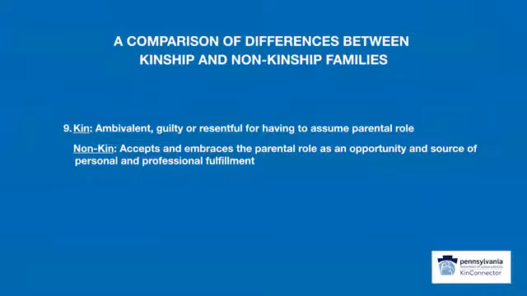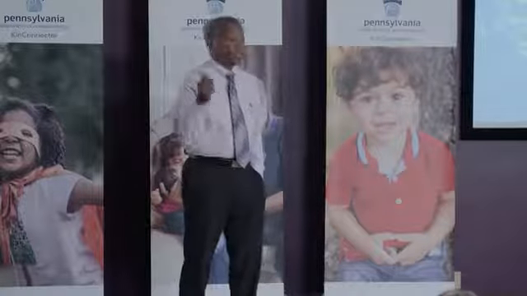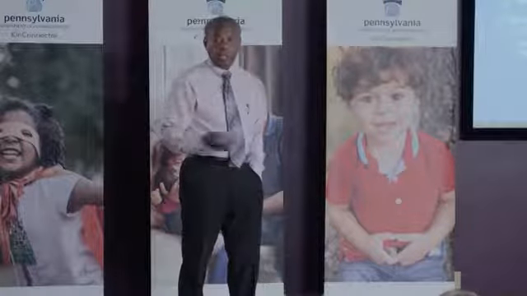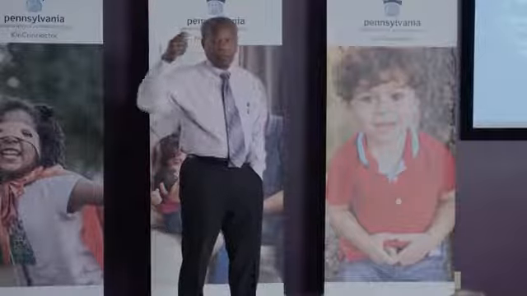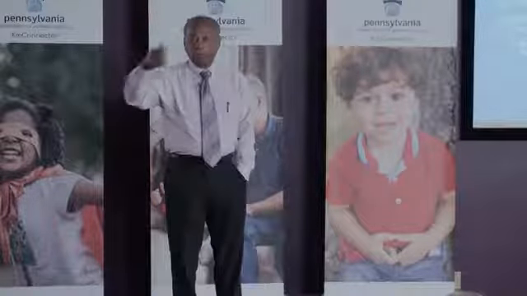Ambivalence, guilt, resentment for having to assume that parental role. Again, we used to think that they should be happy, they should be excited about it. But for a grandparent who's already been through it, no. Look at your own responses. For those who have already been through it, it was like trauma. Your symptoms were interesting. Shock. Oh, not again.